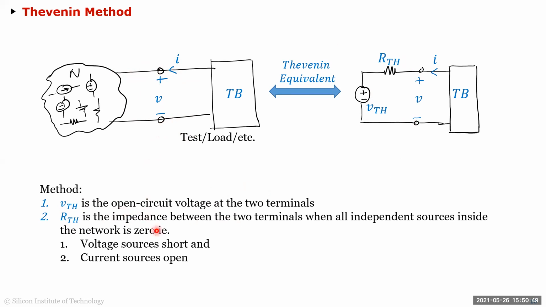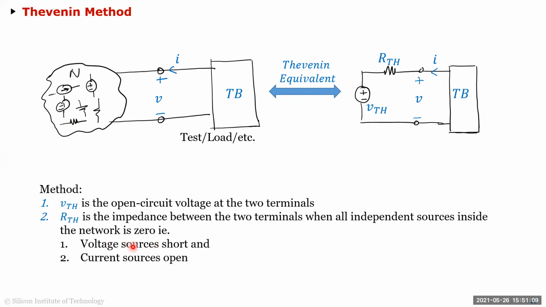And RTH is the impedance between these two terminals when all the independent sources in them are zero, not dependent, just the independent sources, which are the voltage and current sources. So you make all the independent sources zero, measure the impedance or the resistance, and that's your RTH.